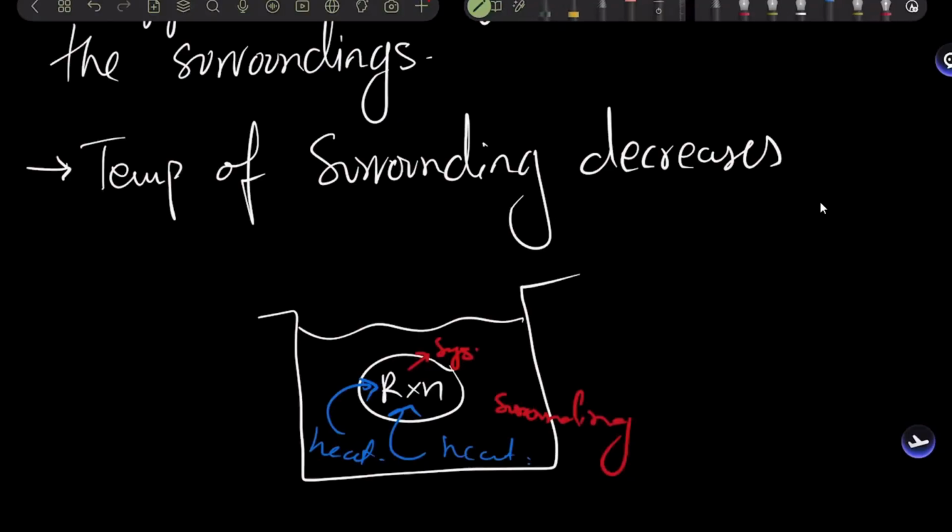But where is our thermometer placed? In the surrounding. This is our thermometer, which has an initial temperature like this. I'll write it as T initial. This is our initial temperature. When this heat is removed from the surrounding and utilized in the reaction, it goes into the system and the surrounding has lost its heat. What should happen to the surrounding's temperature?